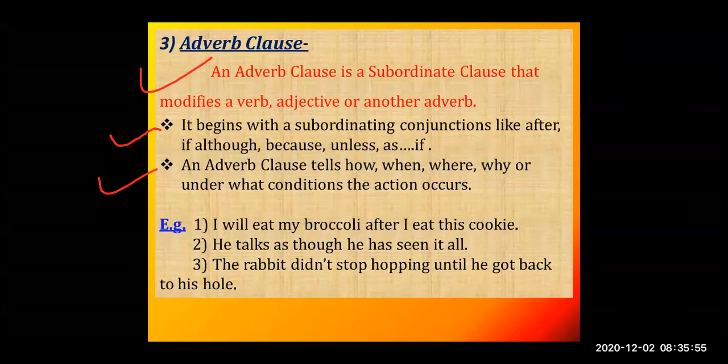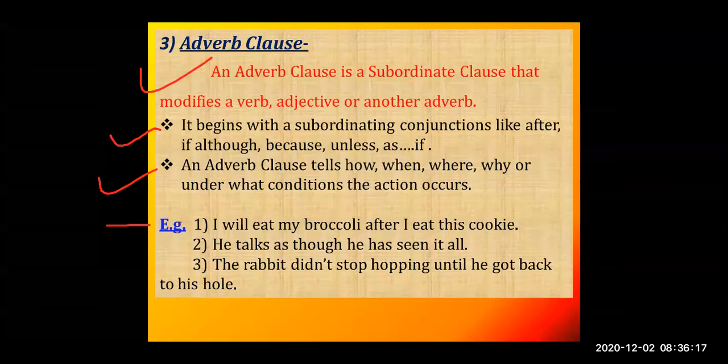Let's discuss the examples. First example: "I will eat my broccoli after I eat this cookie." Now see, I will eat my broccoli after I eat this cookie. After is your subordinating conjunction.